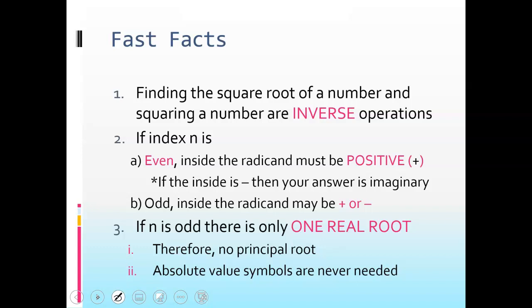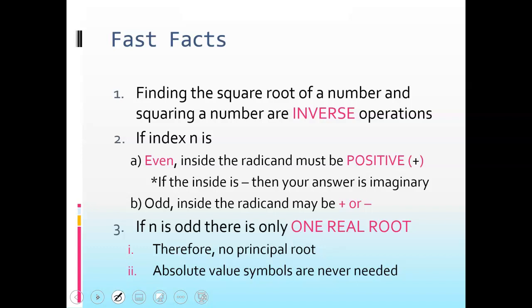Finding a square root of a number is the inverse of squaring it. We cannot take an nth root of a negative number if the n is even.